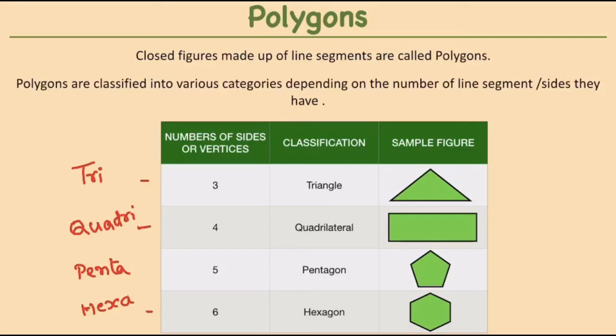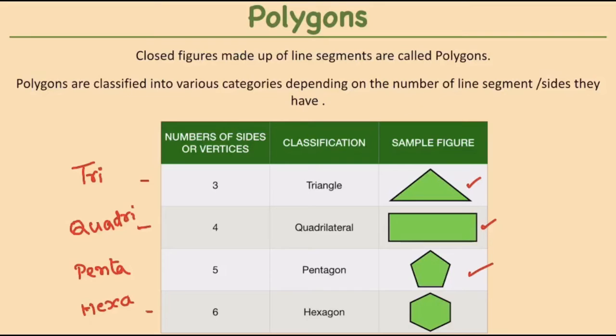So, in this picture, it has 3 sides and 3 vertices. So it is named with the Greek prefix: triangle. And this is named quadrilateral, which has 4 sides and 4 vertices.